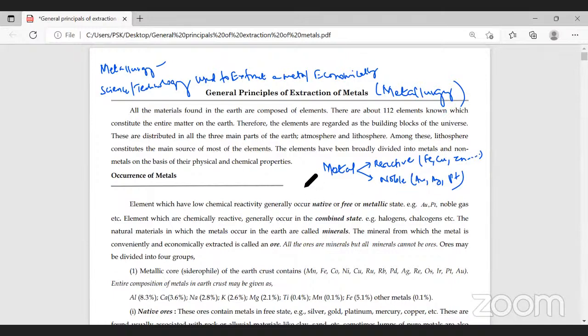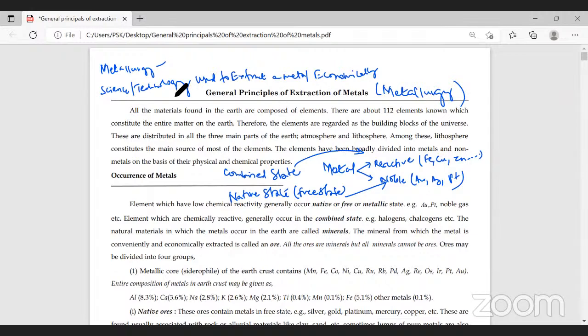These metals are found in the Earth's crust in two states: one in combined state, the other in native state. Native state is also called free state. Noble metals, which are not reactive, exist in free state or native state. Reactive metals always exist in the combined state.